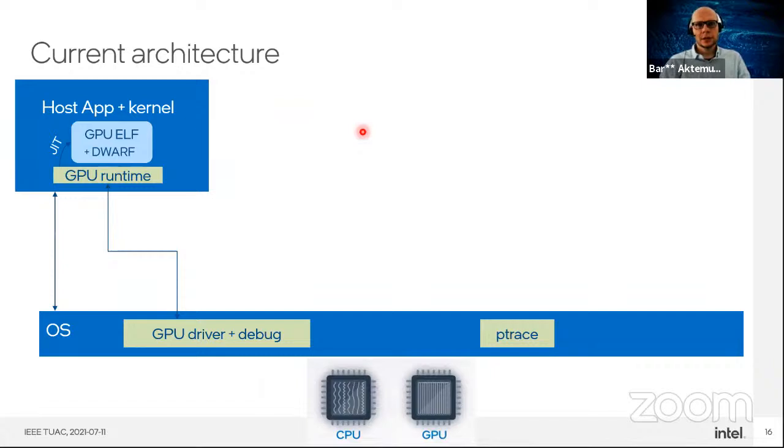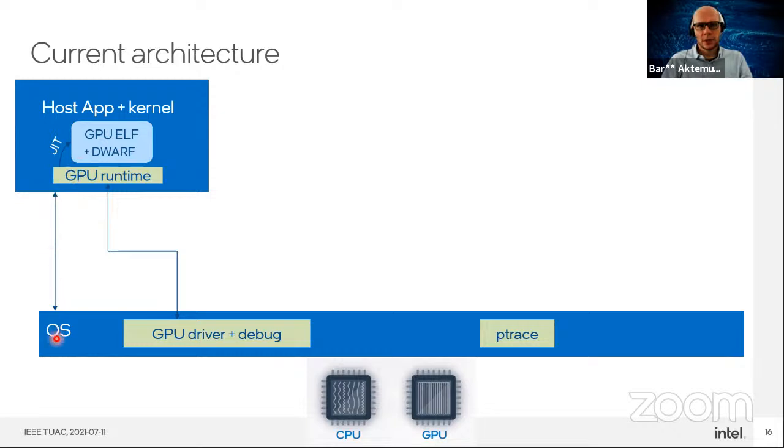So here is the current architecture of the debugger that I presented. There's the host application, it has a kernel, and using the GPU runtime, it JIT compiles the kernel, producing an ELF file plus DWARF, the debug information that is offloaded to the GPU.